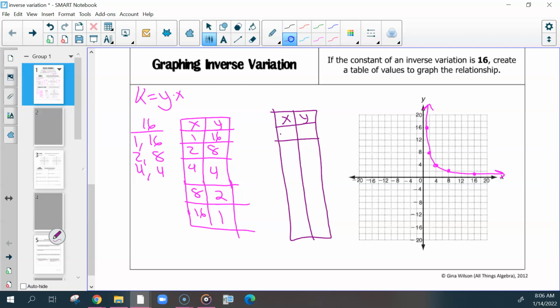So I could do the same thing, but do negative 1 and negative 16, negative 2 and negative 8, negative 4 and negative 4, negative 8 and negative 2, and negative 16 and negative 1. And plot those points. And it's going to make that same kind of curve, but on the opposite side.